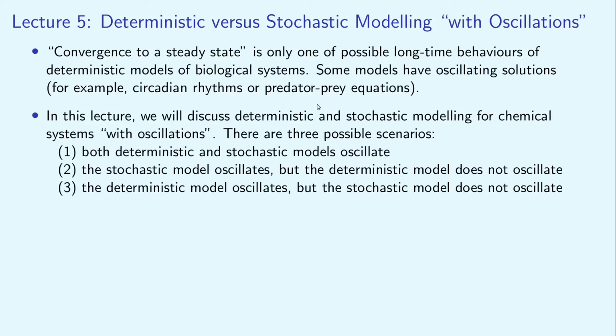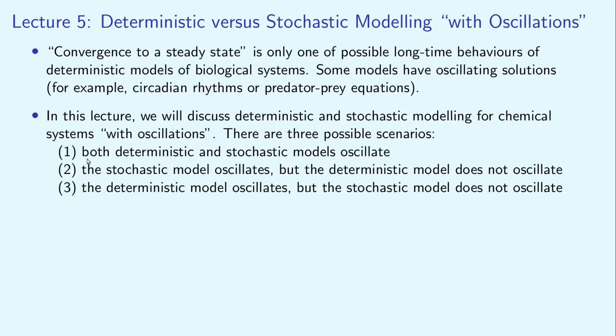In this lecture, we will discuss deterministic and stochastic modeling for chemical systems with oscillations. I have put the phrase "with oscillations" in quotes because in some cases there will be no sustained oscillations in either the deterministic or the stochastic model. We have three possible cases.